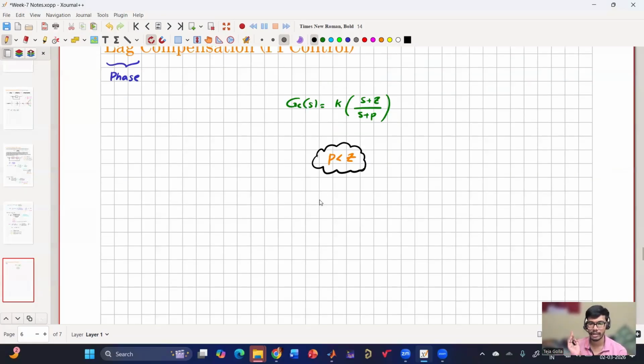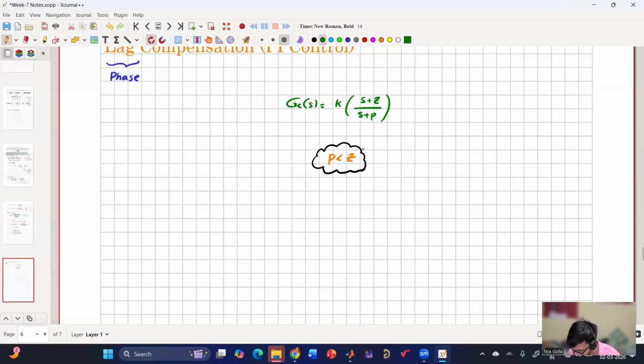We have seen that if the zero is far away, then it will not have any impact, right? So in the same case, we have the zero greater than P, and the pole is very small, very close to the origin.